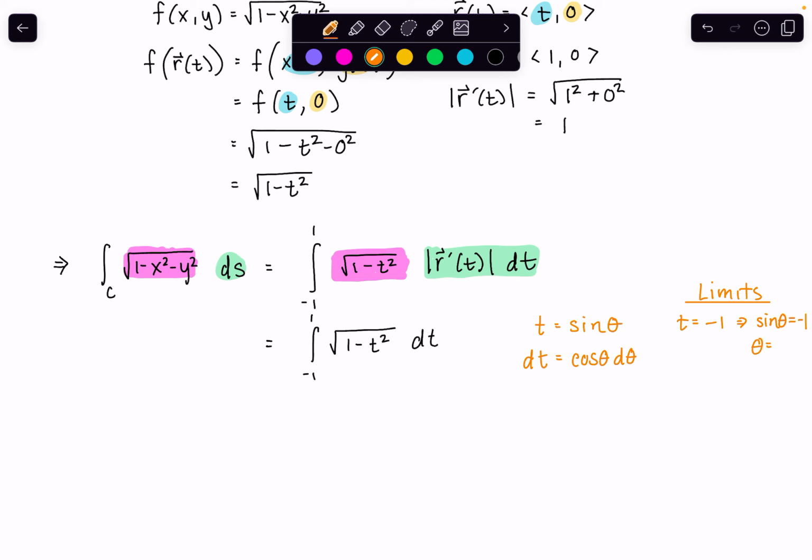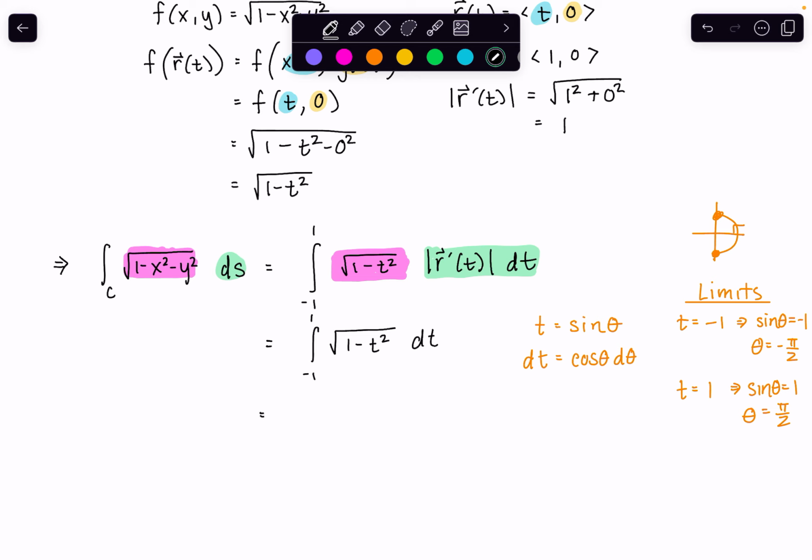This will be negative pi over 2, because you only want that bottom half of the unit circle. When t equals positive 1, then sine of theta equals 1, so theta will equal pi over 2. So I want those smooth swoops. I don't want to use theta as 3 pi over 2 because that doesn't give me that right half of the unit circle nicely.